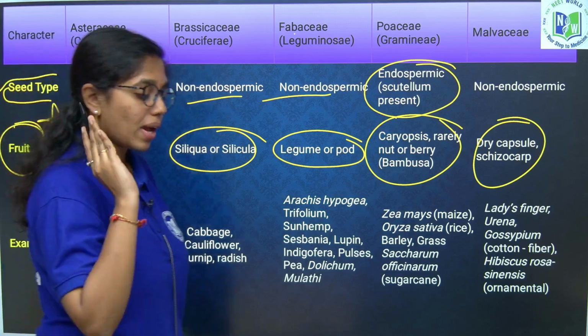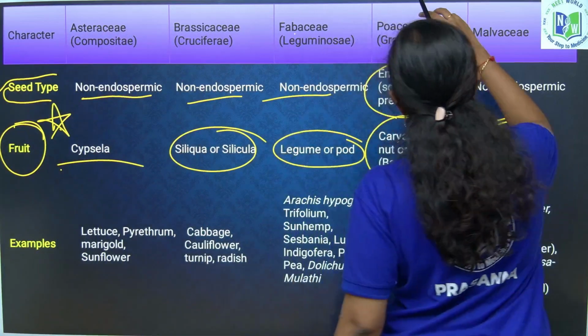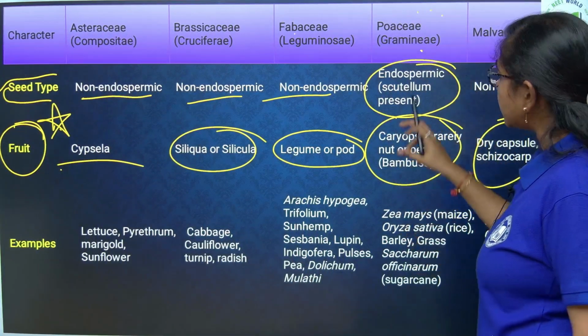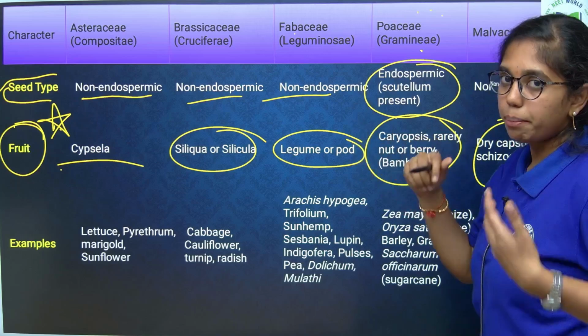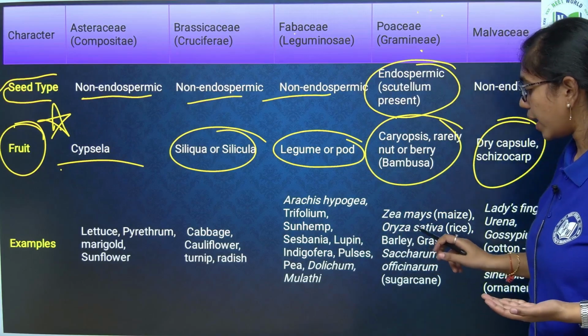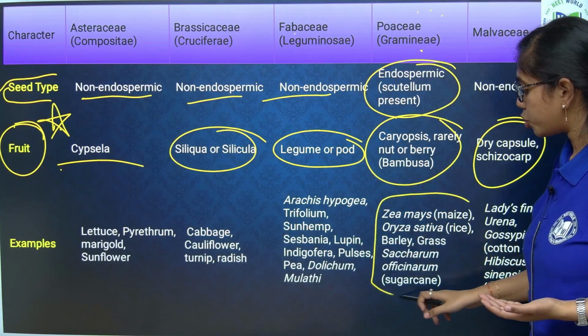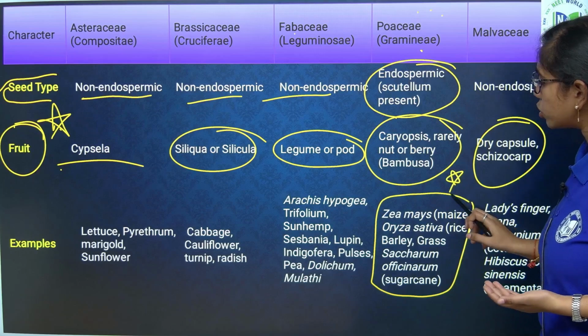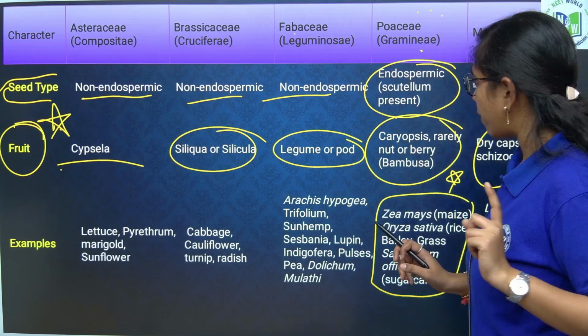Lastly, when it comes to examples, do remember Poaceae includes most of the monocots, the grass family, like barley, wheat, rice, maize, sugarcane. Everything belongs to what? Poaceae.